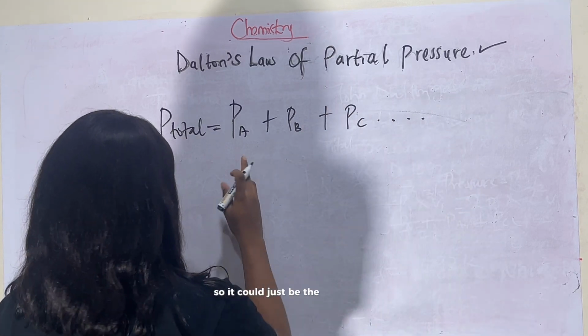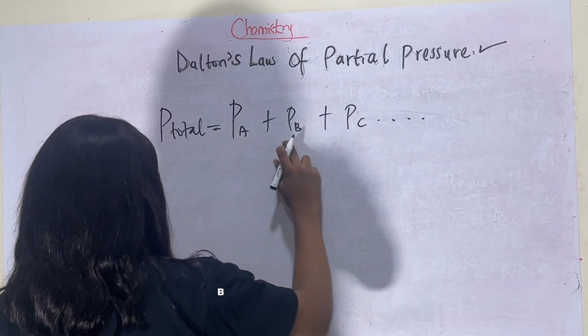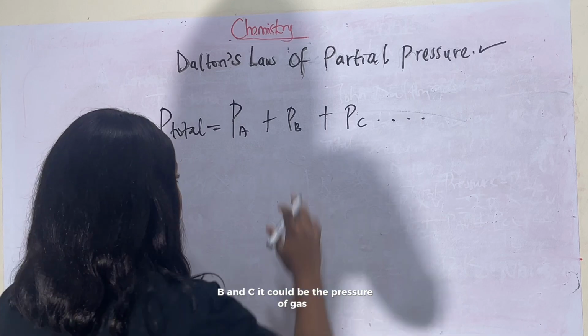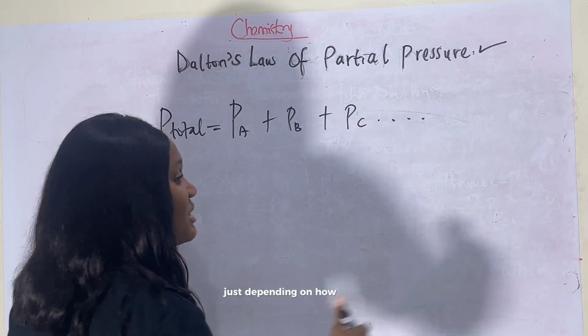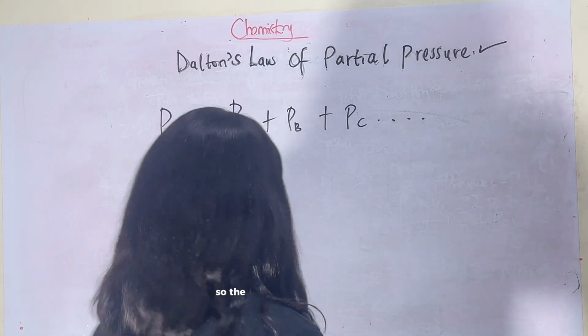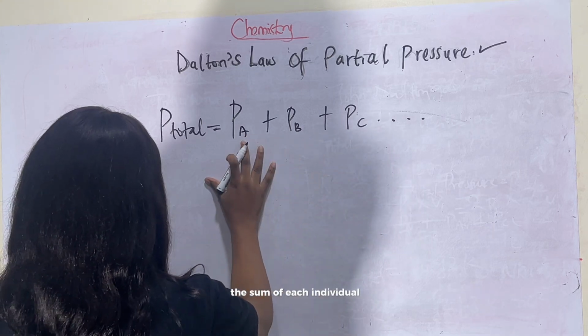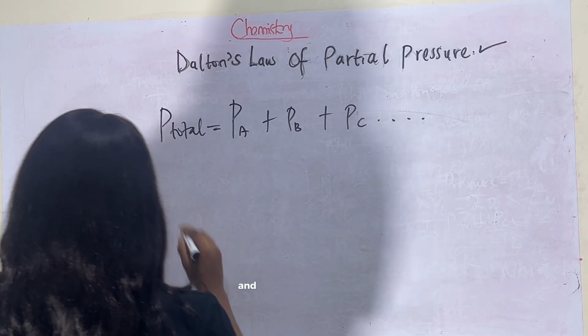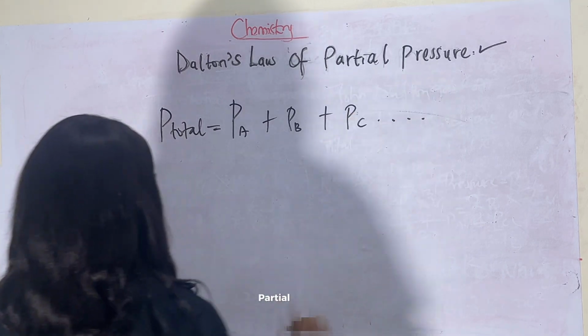So it could just be the pressure of gas A and gas B. It could just be the pressure of gas A, B, and C. It could be the pressure of gas A, B, C, D, E, F, just depending on how many gases you find in a container that do not combine. So the total pressure is going to be the sum of each individual pressure. And this was one of the expressions formed by Dalton's law of partial pressure.